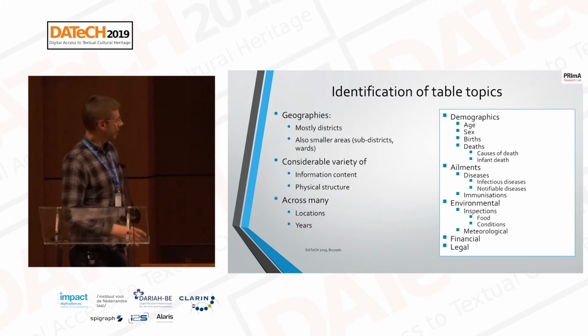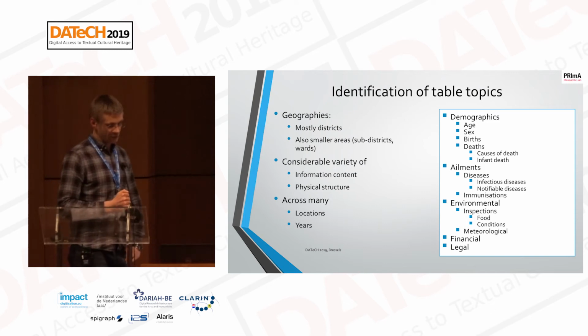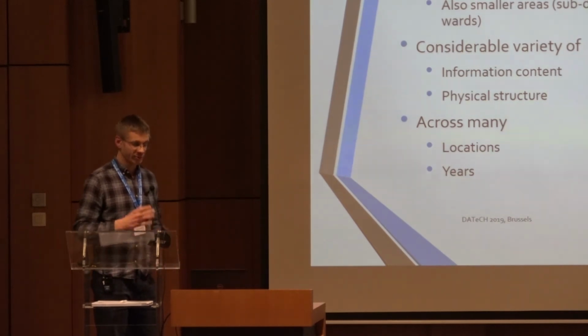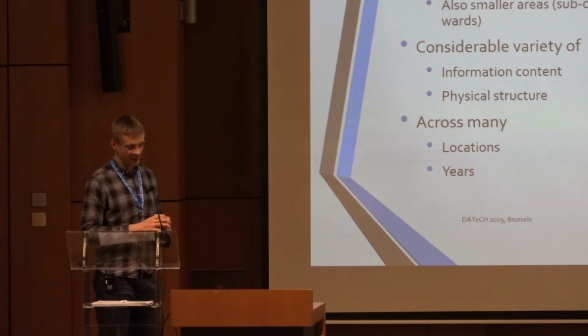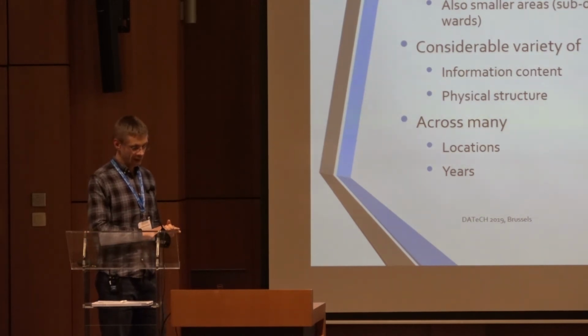And as I mentioned, there's a big variety of information content, but also of physical structure of the table. So there was no standard format how a table should exactly look. So every typesetter, every report might look slightly different. Maybe they have some extra columns here and there for some wards, or where they wanted some extra information.